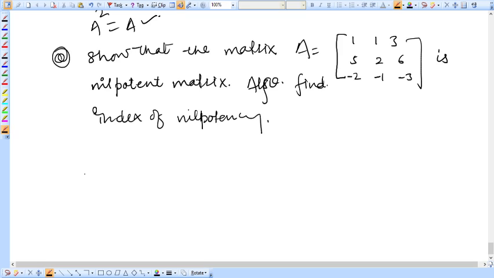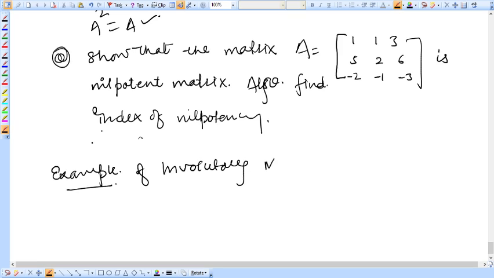As I told you, then there was the involutory matrix, in which A square is equal to I. Okay. An example of an involutory matrix could be this matrix: 1 0 0, 0 1 0, A B minus 1, whatever.